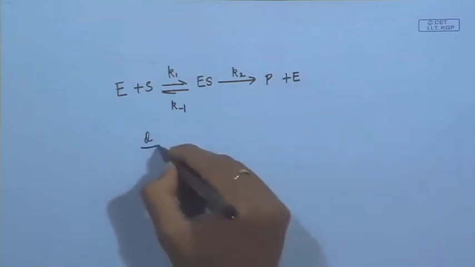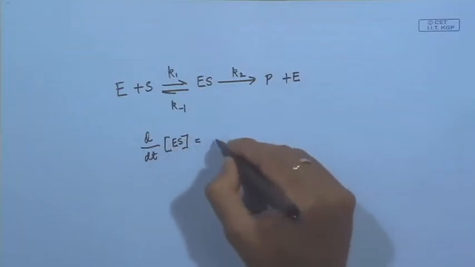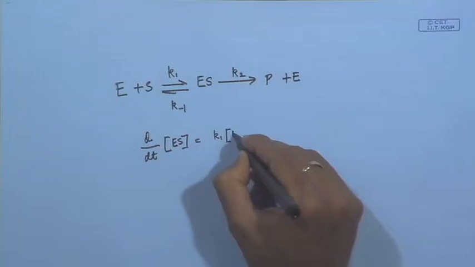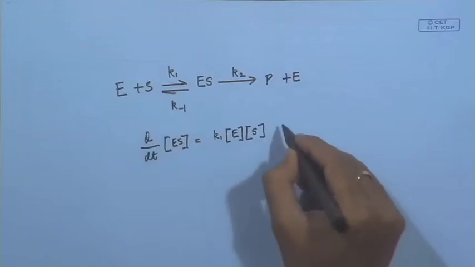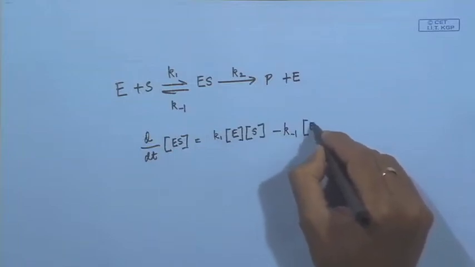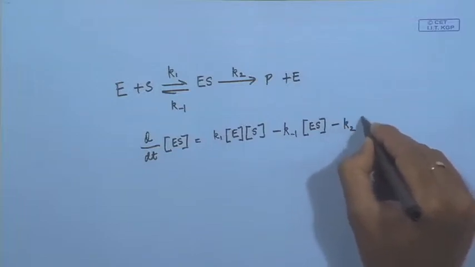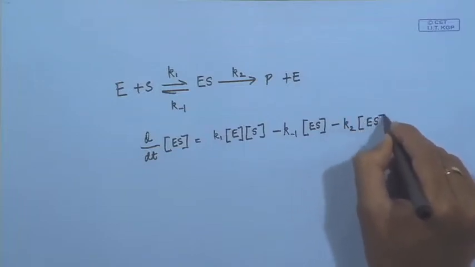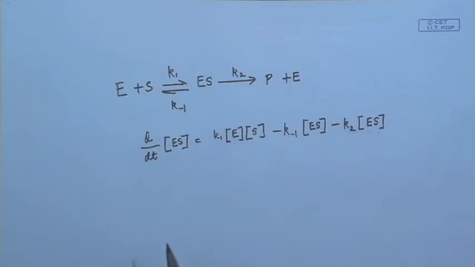So, d/dt of ES is equal to k1 times E times S, because it is the formation step, then minus k minus 1 times ES, minus k2 times ES. This is the rate of change of ES with time, I mean the time rate of development of ES.